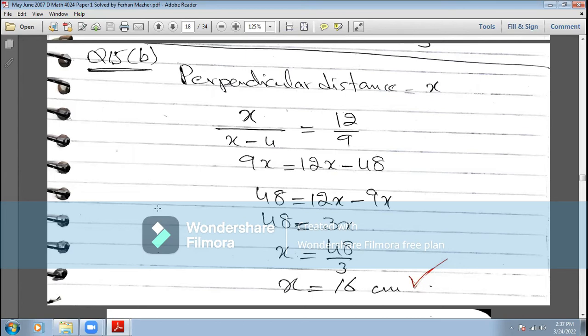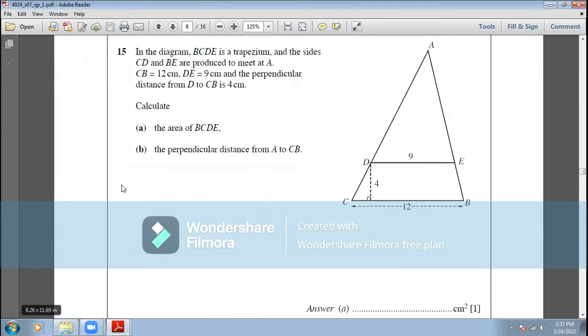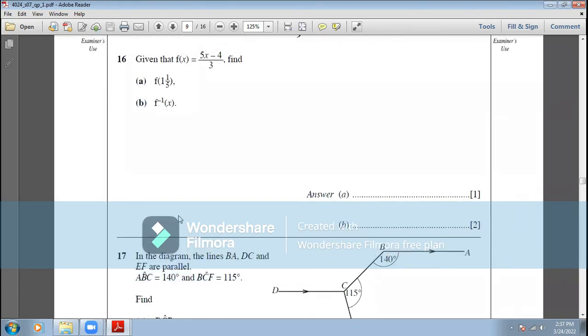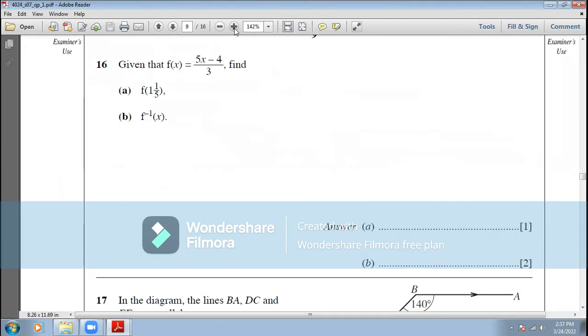Bring that 48 to this side, take the 9X to the other side. So you will have 48 equals 12X minus 9X. So 48 equals 3X, and X equals 48 divided by 3, so X will be equal to 16 centimeter. That is our right answer, and I have checked that answer already. I believe that you are able to understand.